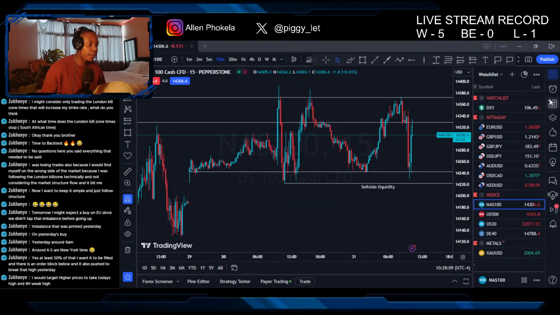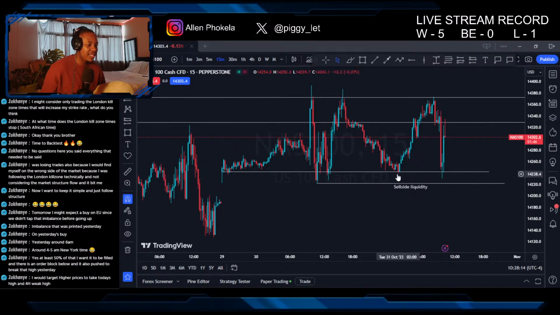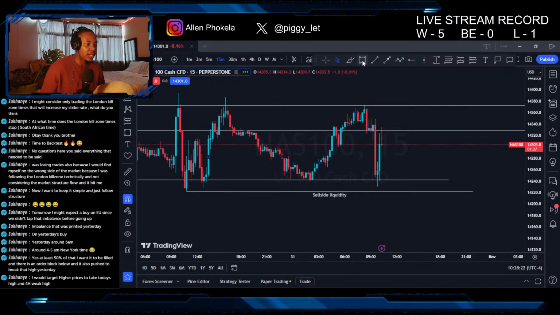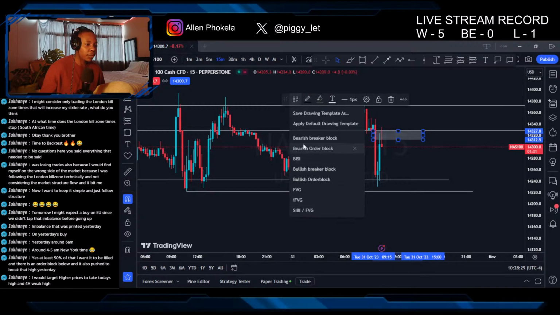And as you can see here, as we take out the sell side liquidity, we spiked up. Now we're currently in a 15 minute bearish order block.